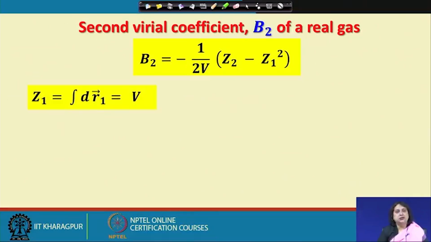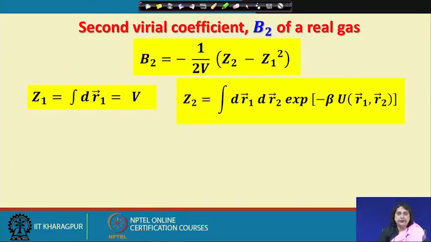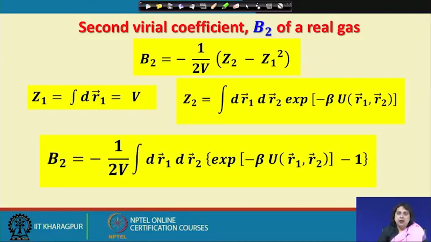So, what we have got here is that B2 can be expressed in terms of Z2 and Z1, and if I put these expressions back, then I can write Z1 square as integral dr1 dr2. So, I put it back and then my integrand becomes e to the power of minus beta u minus 1. Now, this particular expression is something that we can use, because this is nothing but a simple 6-dimensional integration in the configuration space of two particles, right.